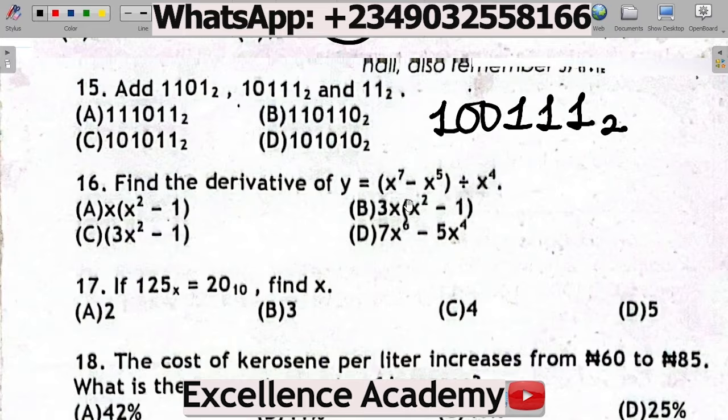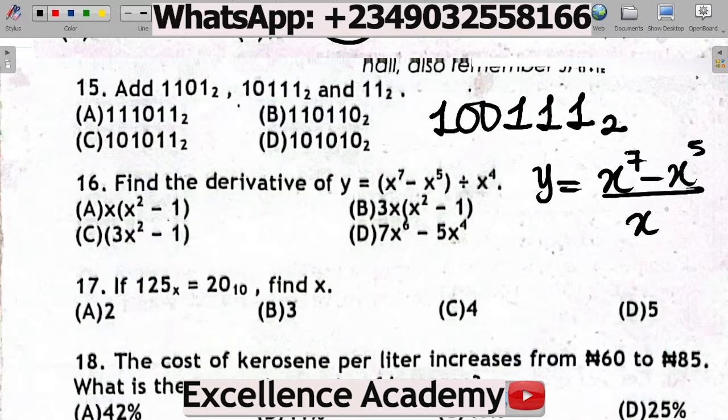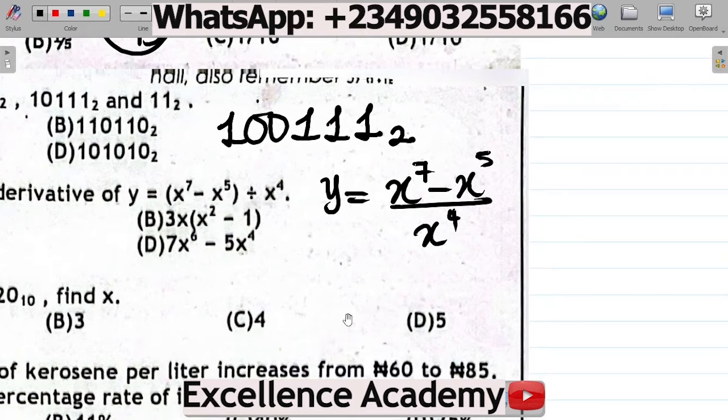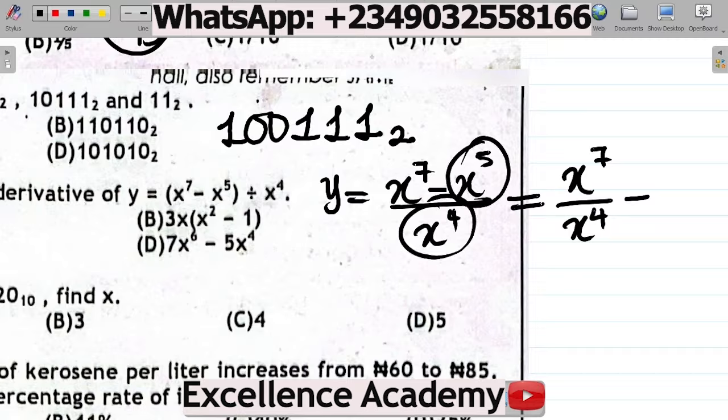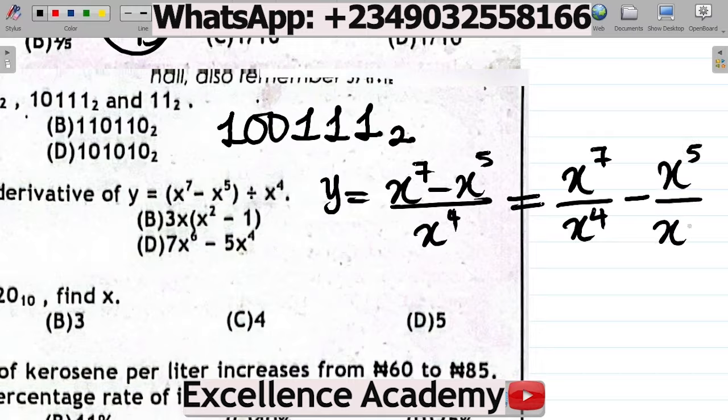You have option A, option B, option C, and option D. An easy way to solve this is to break it down as x to the power 7 all over x to the power 4 minus x to the power 5 all over x to the power 4.